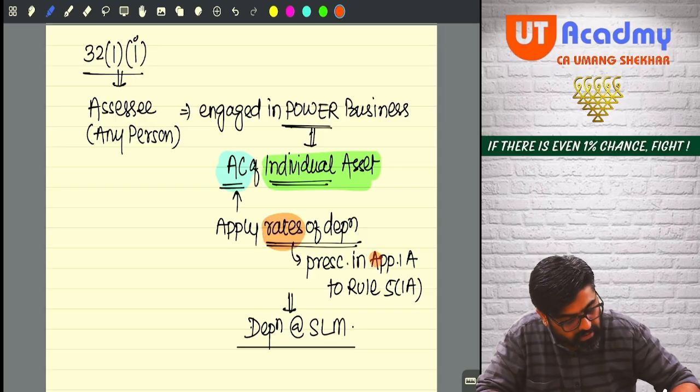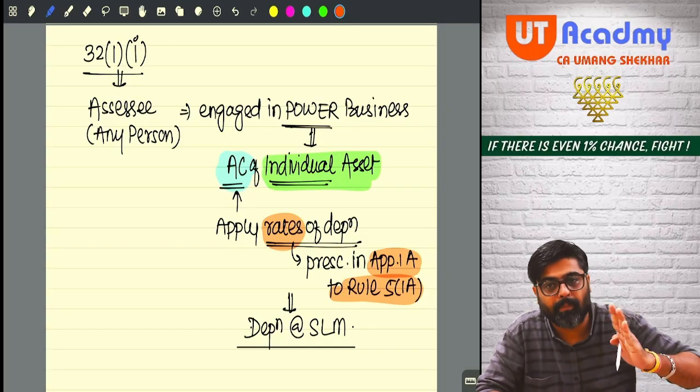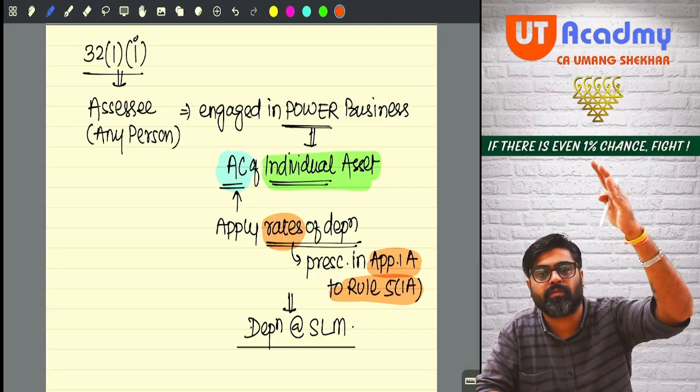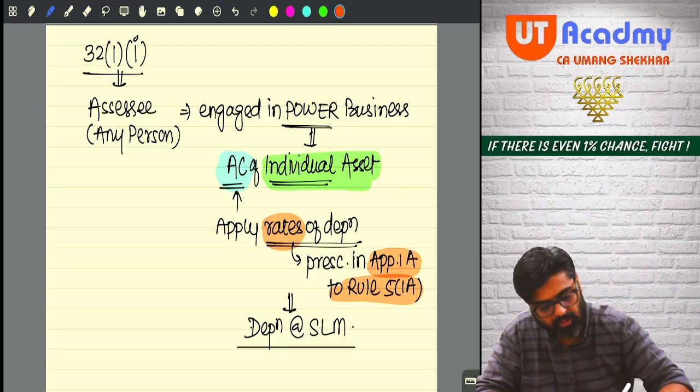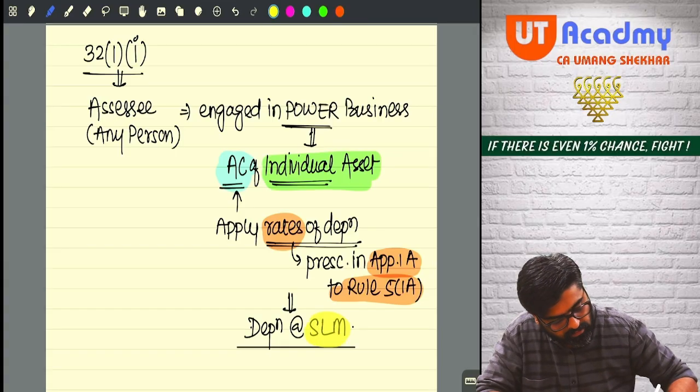Which rates? Which are given in Appendix 1A to Rule 5(1A). By applying this rate on the actual cost of that asset, you are supposed to calculate depreciation. And that depreciation will be allowed on what basis? SLM basis.